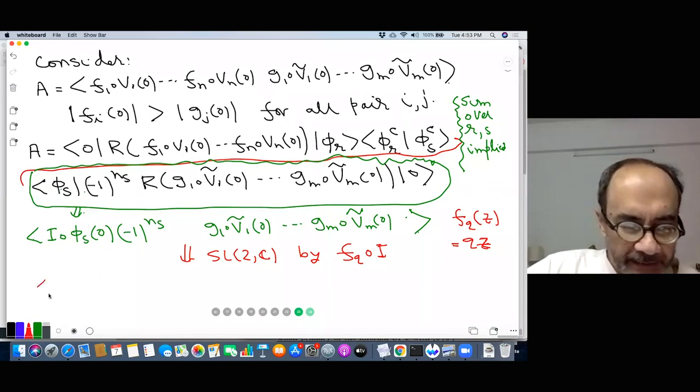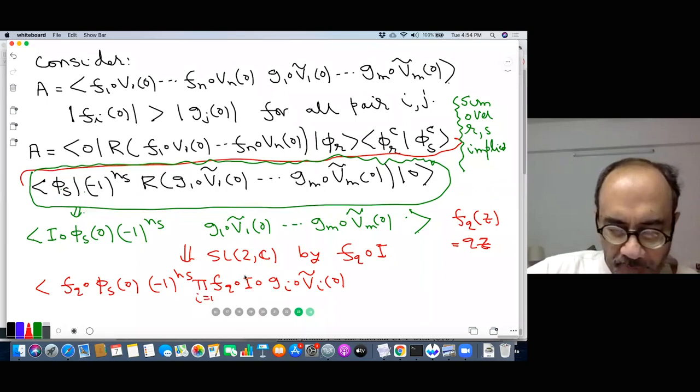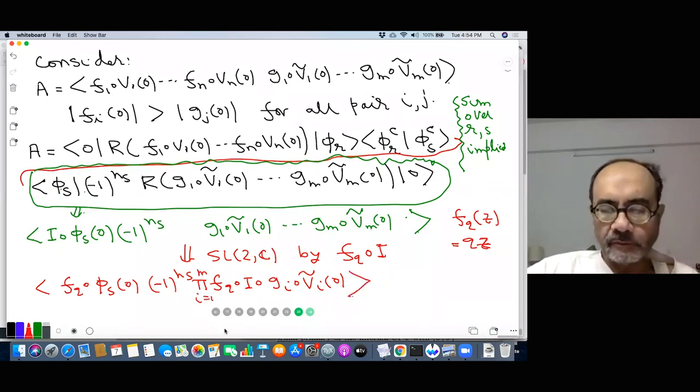So then I can write this. I squared is minus 1. So FQ dot phi s of 0 minus 1 to the ns. And then here we have FQ dot I dot GI dot V tilde I of 0, product i equal to 1 to M. I hope this is clear.